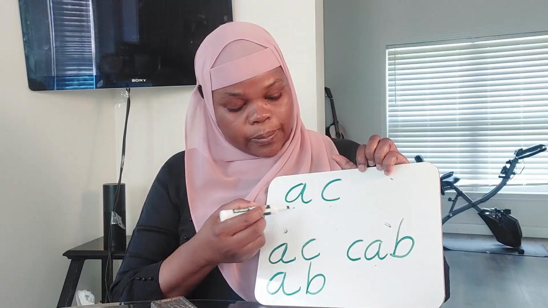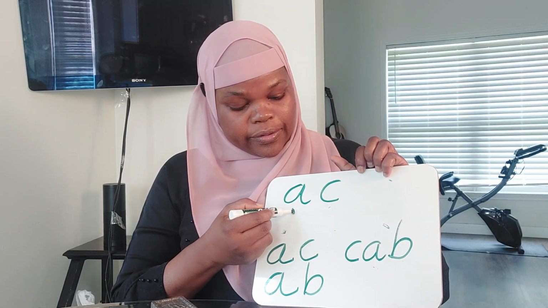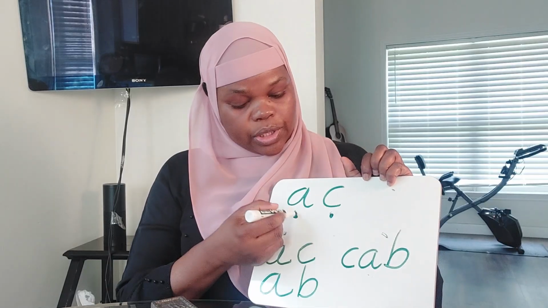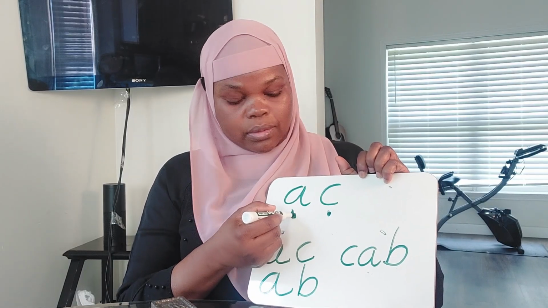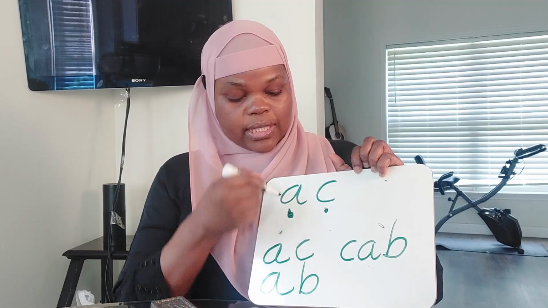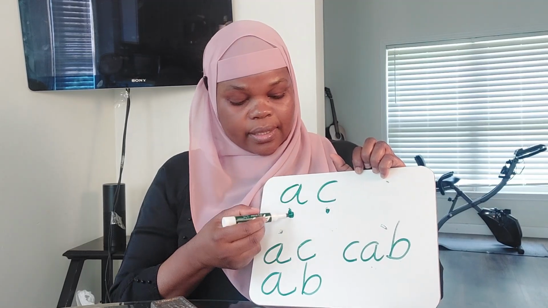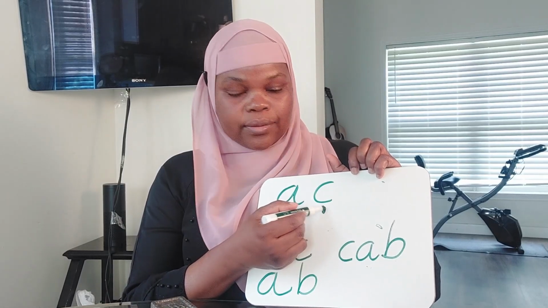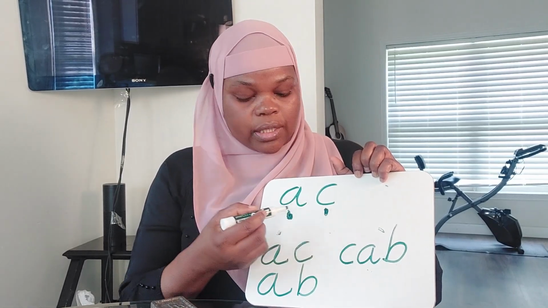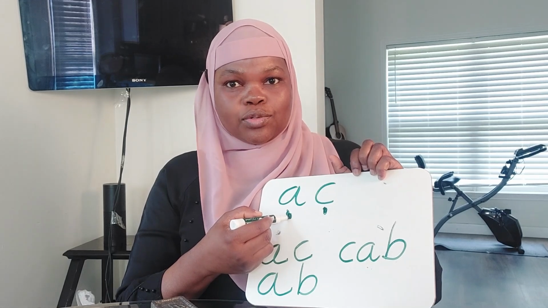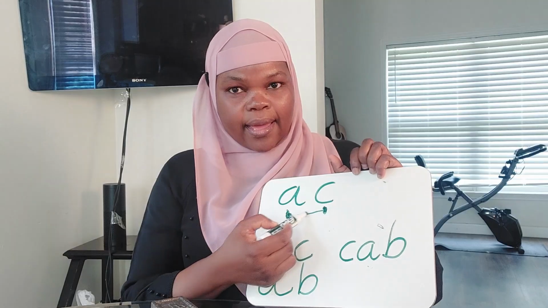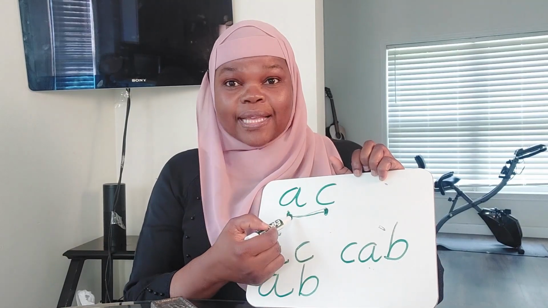So now you can put a sound dot beneath each sound. When you touch the sound dot, you say a. When you touch the k sound, you say k. Then you drag it together to blend. Then faster.